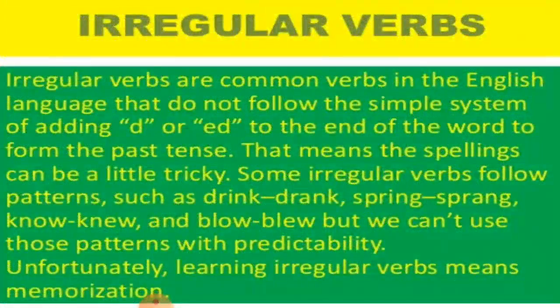Now let's see what are irregular verbs. Irregular verbs are common verbs in the English language that do not follow the simple system of adding d or ed to the end of the words to form the past tense, or in short you can say when we are not adding d or ed to make it a past form, those verbs are called irregular verbs.